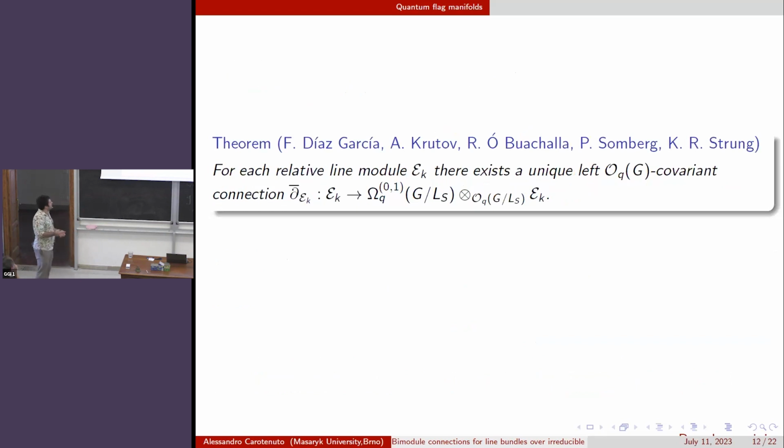Fantastic. What a bunch of people from Prague, Fredy Díaz García, Andrey Krutov, Réamonn Ó Buachalla, Petr Somberg, and Karen Strung found is that for every relative line module there exists a unique connection which is covariant on the left with respect to the coaction of O_q(G).